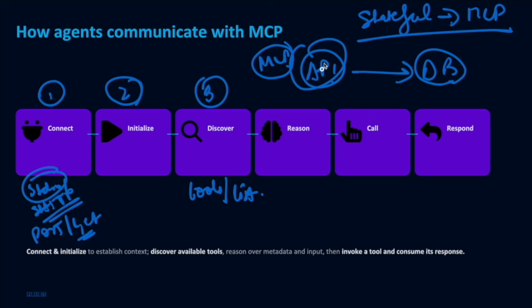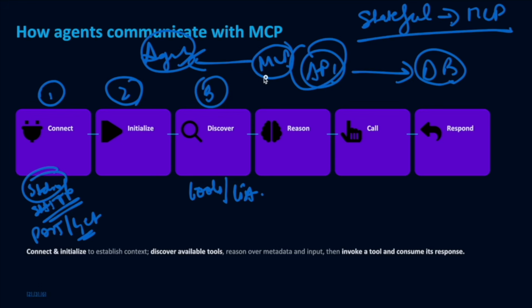It will wrap the response in that format and send it back to the agent. That's it. The MCP server is just a provider for the tools and other resources. It is just a protocol we follow for agents to discover tools, resources, prompts, and whatnot.